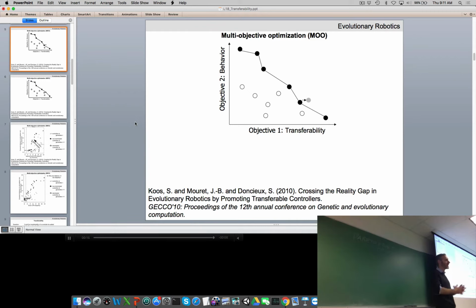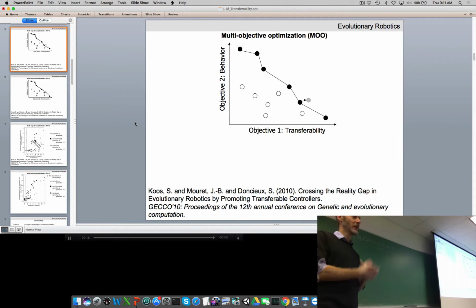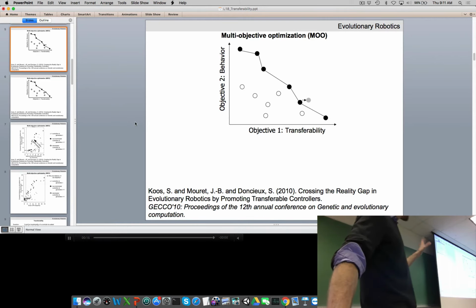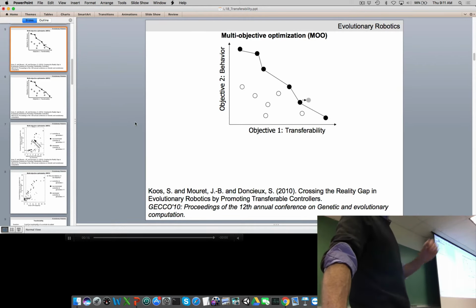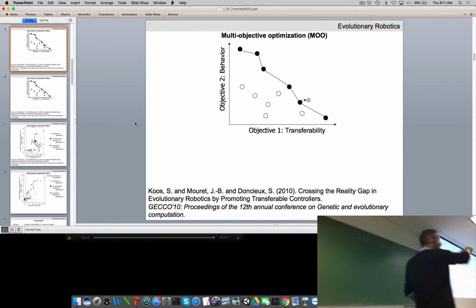There's lots of other ways to do it. We don't have time in this lecture to get into it, but if you research multi-objective optimization, you dig into the literature and there are lots of solutions to this problem. Okay, again, I wanted to spend some time on this because in your final project, you might want to use this approach. You might want to produce a quadruped that moves very quickly, but doesn't fall over, right?